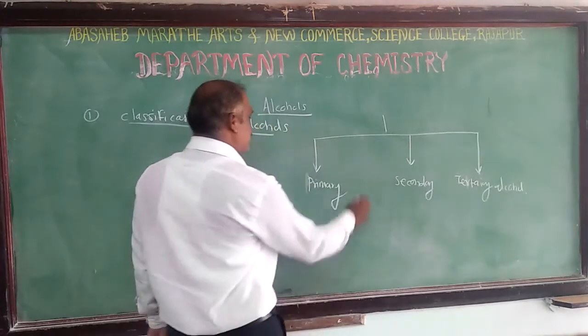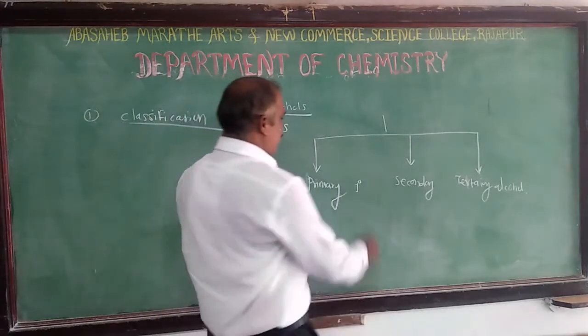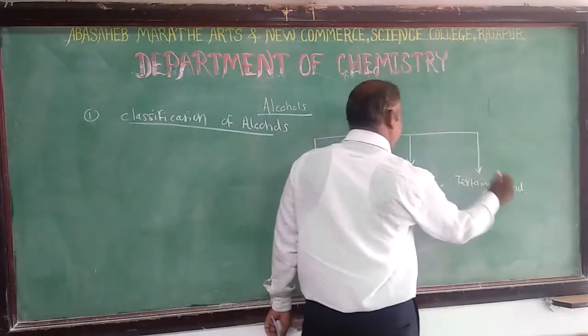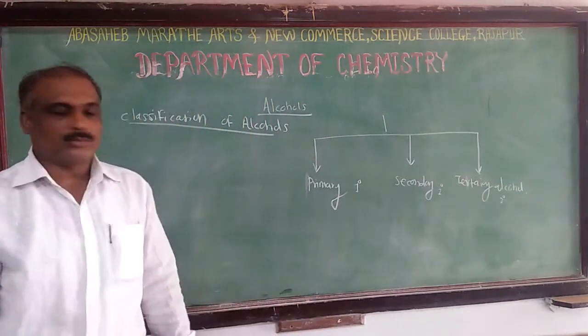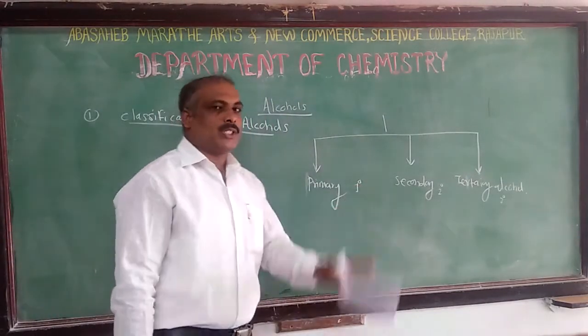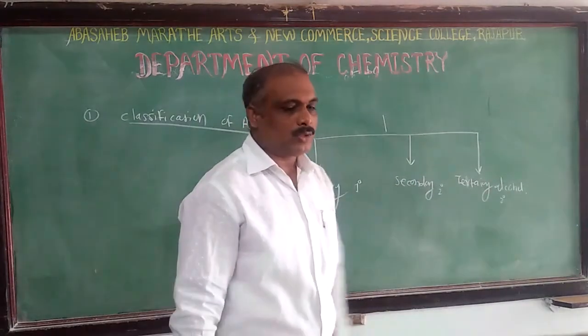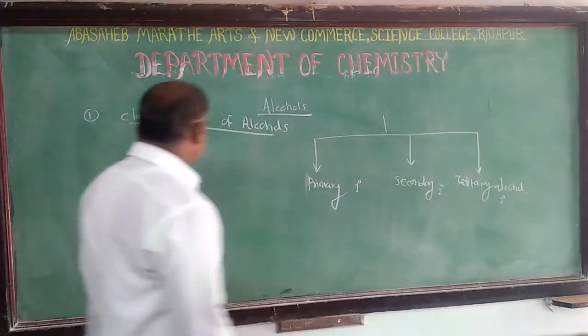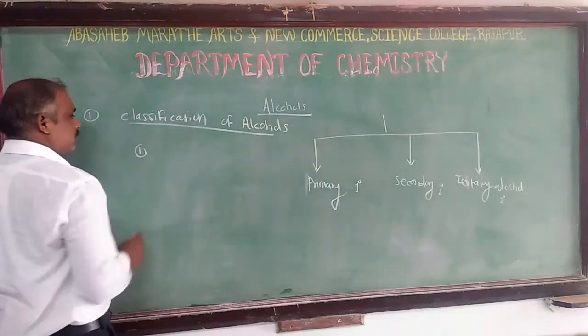They are also designated as 1°, 2° (secondary), and 3° (tertiary) alcohols. Now we have seen examples of primary, secondary, and tertiary alcohols, one by one. First, primary alcohols.